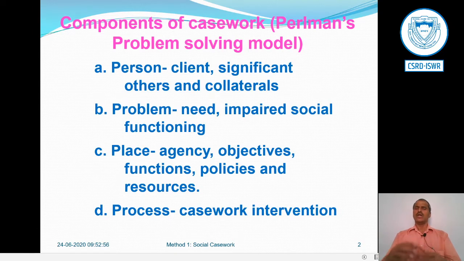And you know, every agency has its own objectives, its own activities, policies and resources. All these things constitute the place, the agency characteristics. So before a client is admitted to an agency, the agency has policy requirements. The agency has its own procedural requirements. They have to be fulfilled.